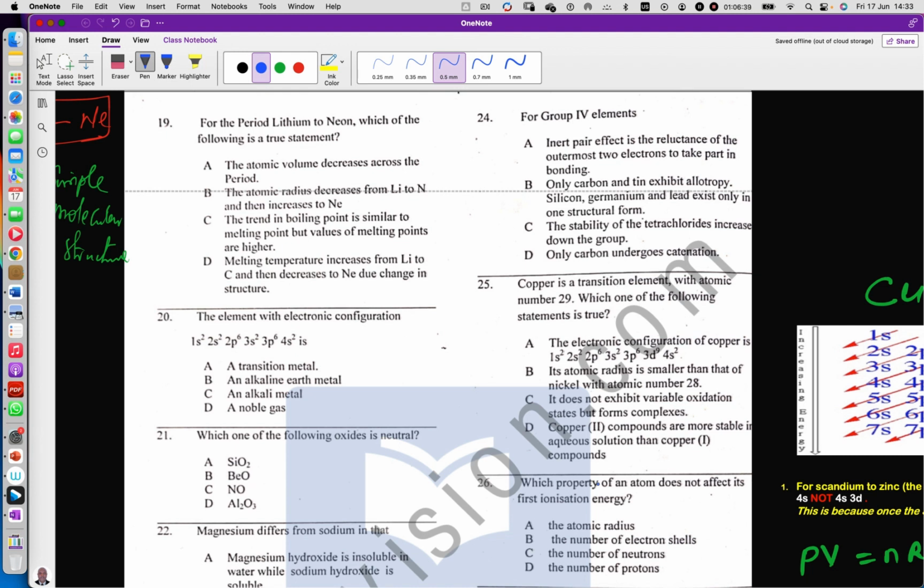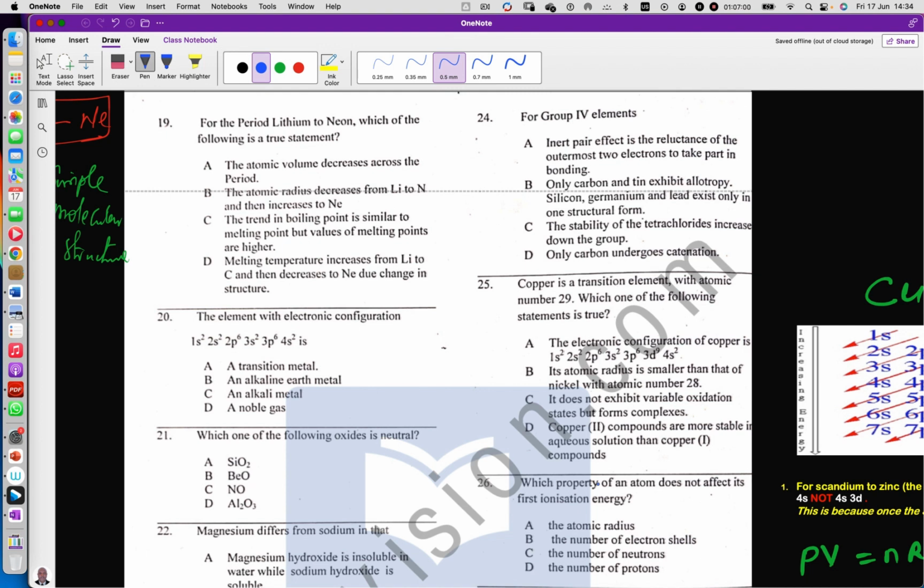B. The atomic radius decreases from lithium to nitrogen and then increases to neon.